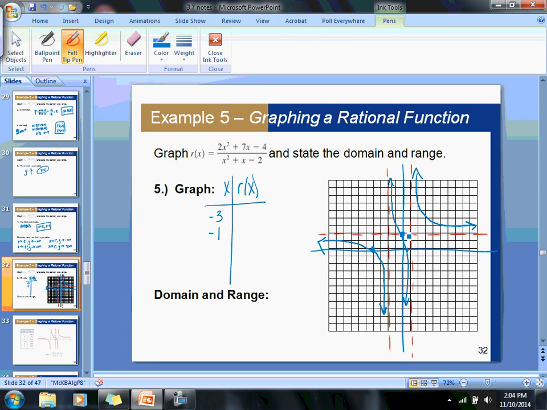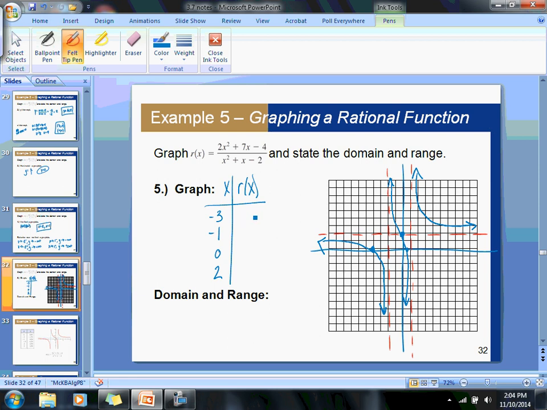And then you could test 0, or you could test 2. Okay, but I don't want to lock you into thinking that you only have to think of whole numbers. You can do decimals, you can do more values to the left or to the right.